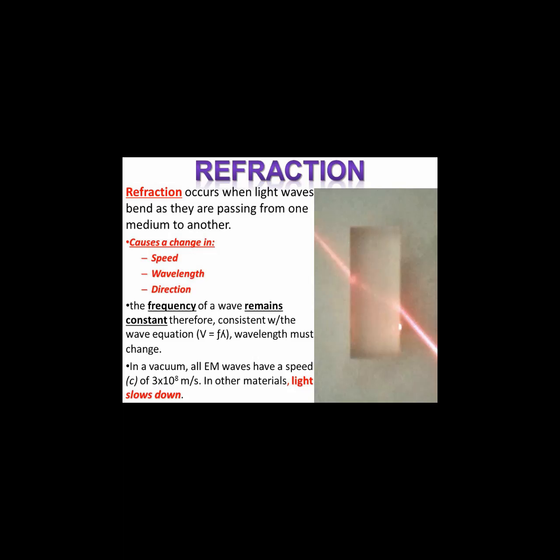And what is the speed of light in vacuum, children? So here you can see 3 into 10 to the power of 8 meter per second. That is designated with letter C, children. C is equal to 3 into 10 to the power of 8.